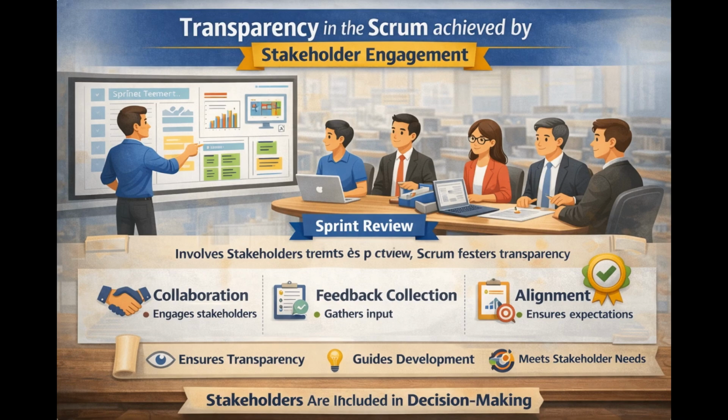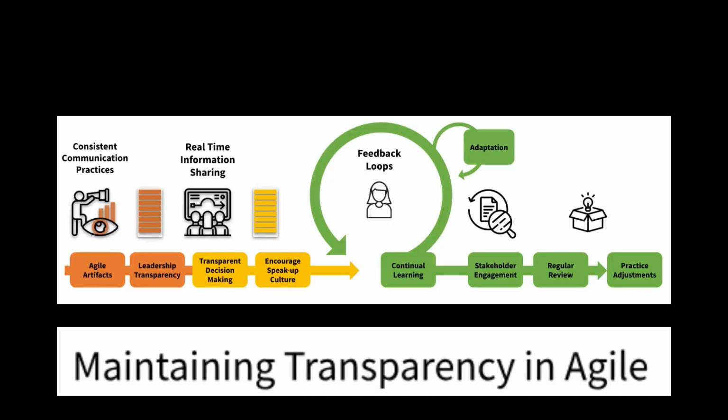The seventh practice is stakeholder engagement. By involving stakeholders in events such as the sprint review, Scrum fosters transparency about progress and decision making. Feedback from stakeholders helps ensure that the product is being built according to their expectations and needs.